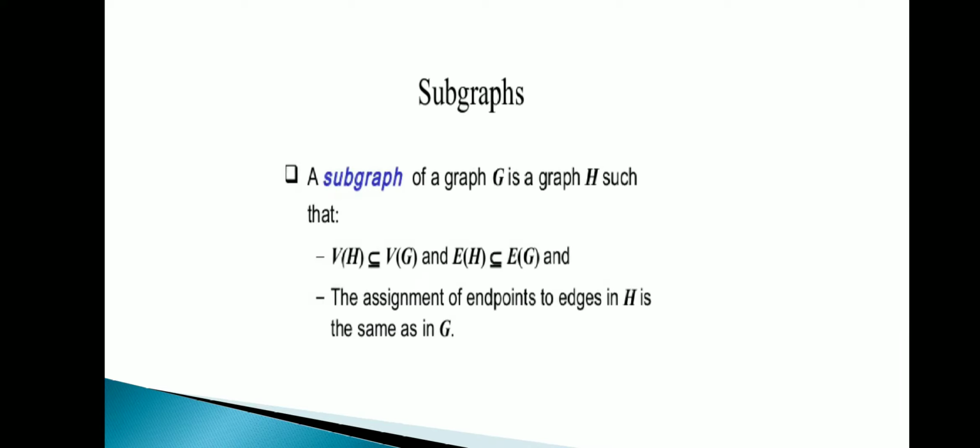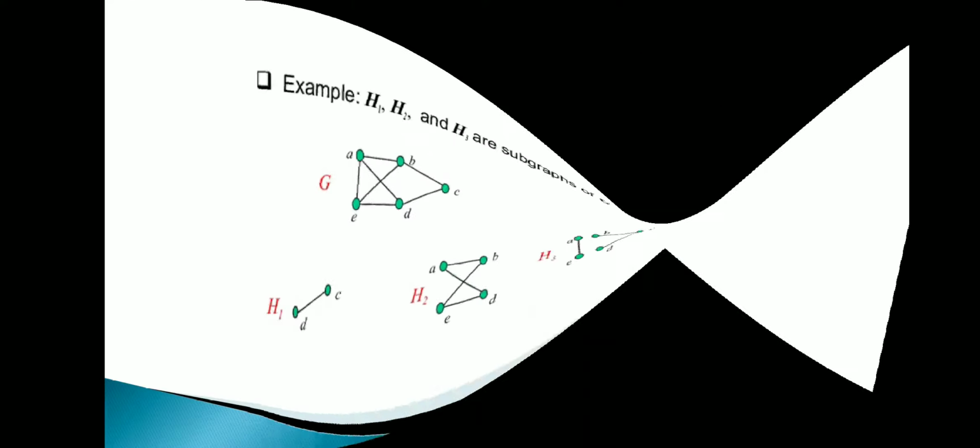Next, we will see a subgraph. A subgraph of a graph G is a graph H such that V of H is a subset of or equal to V of G and E of H is a subset of or equal to E of G, and the assignment of the endpoints to edges in H is the same as in G. We will see an example.